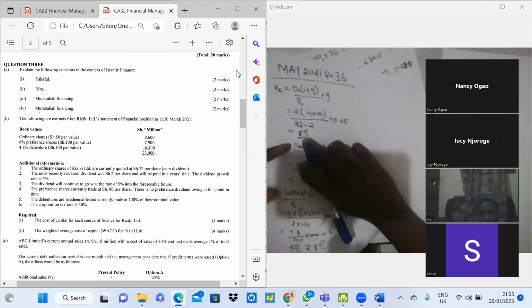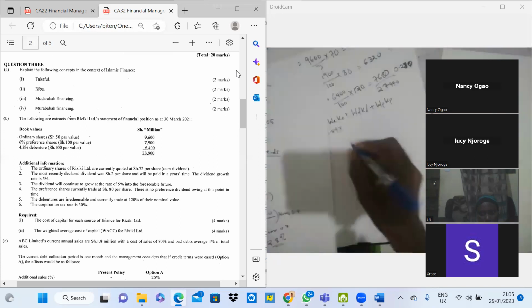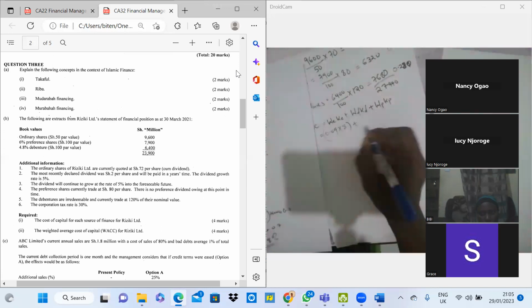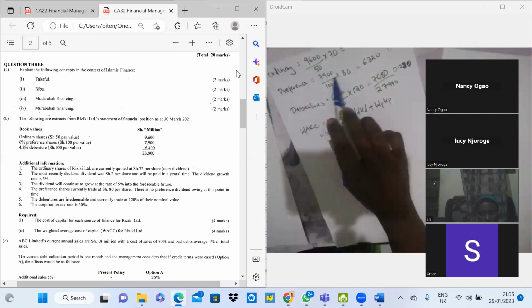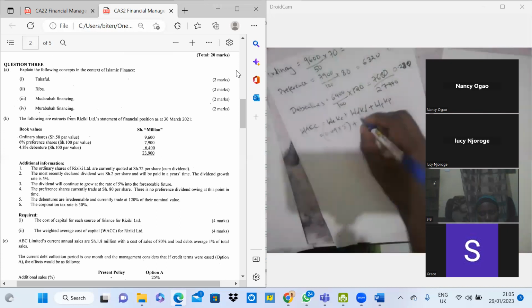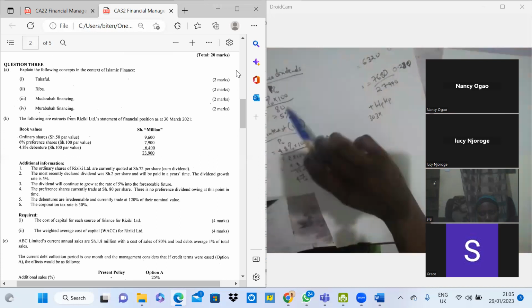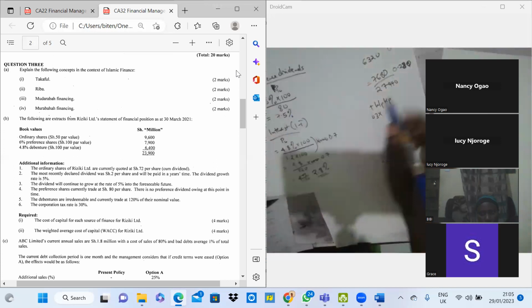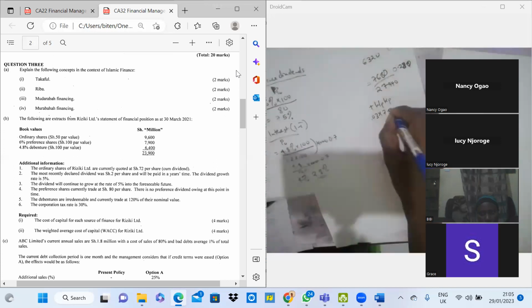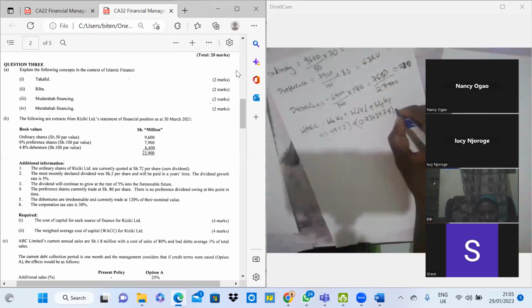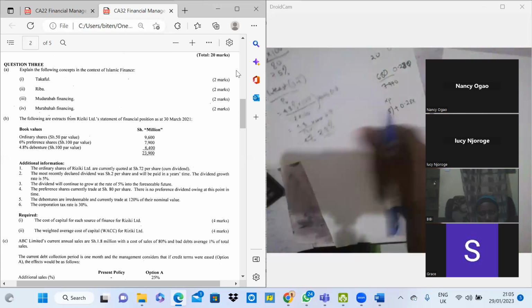The cost of equity is 8. Then weight of preference shares, that is 0.2303 multiplied by the cost, which is 7.5. Then weight of debenture, 0.28 multiplied by the cost, which is 2.8.